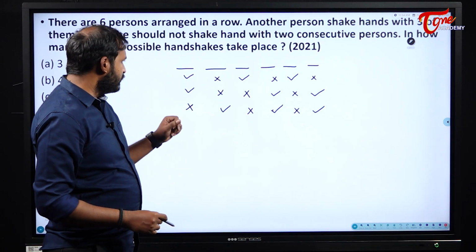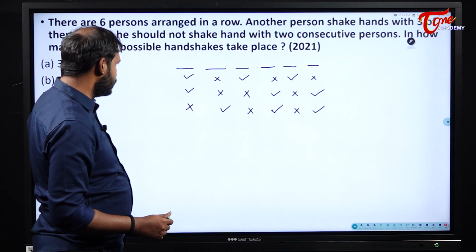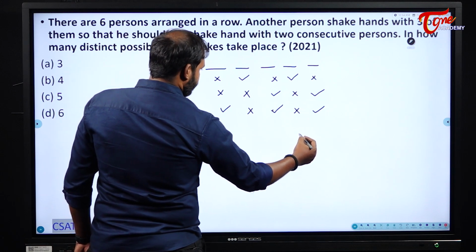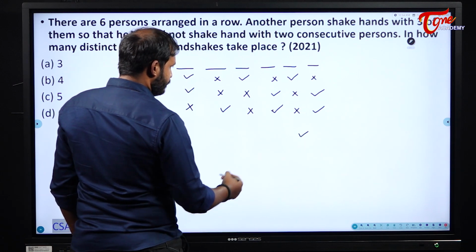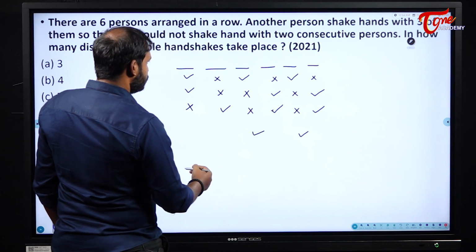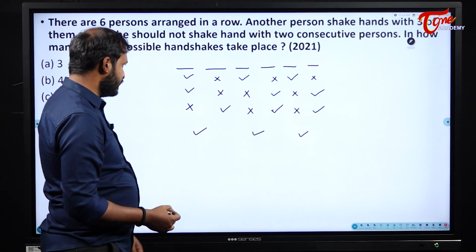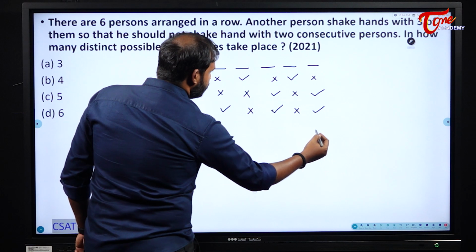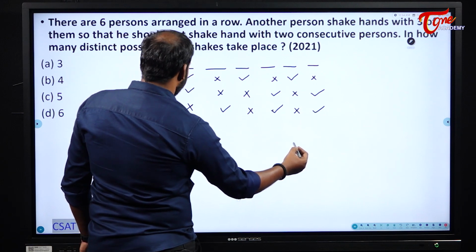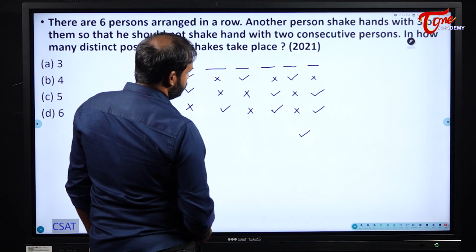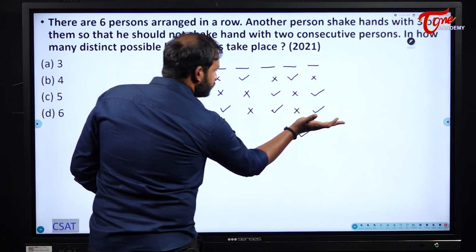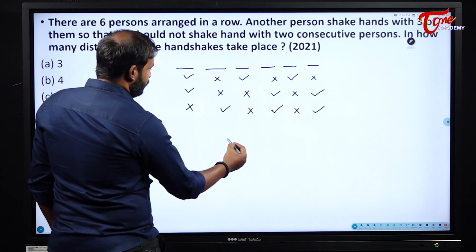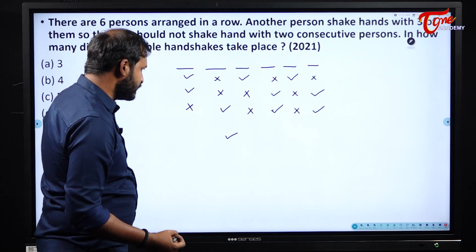So 1, 2, 3, and the other choice. What will be the other choice for us? Shaking hands with this person and this person. Already we have written that in the first case only, so there is no choice for that one. Now we will see from this end. If he shakes hands with this person, that is fine. Or else, now see here, students, he may shake hands with the middle person, either odd or even persons, that is fine.